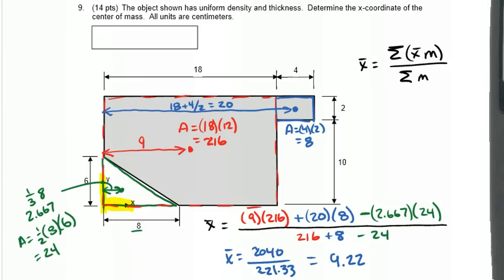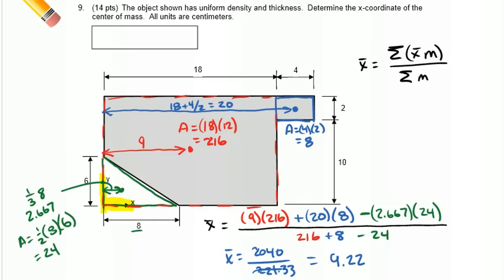Oh, it's early in the morning and I see a mistake here. I wrote it out right, but I didn't punch it in the calculator right. This number here on the bottom, I think I punched in the 2.667.